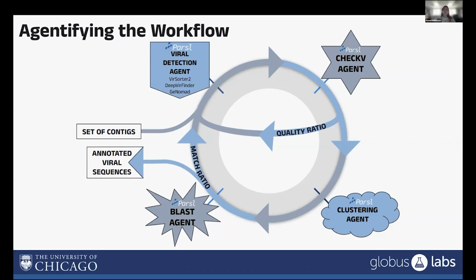And from these two scores, the viral detection agent can dynamically choose which tool might be the best tool for this data set. So for example, if a data set had a lot of commonly found viruses, a homology-based tool like VirSorter 2 might work best. If there was a data set with a lot of rare viruses, a machine learning tool like Deep VirFinder might work best.